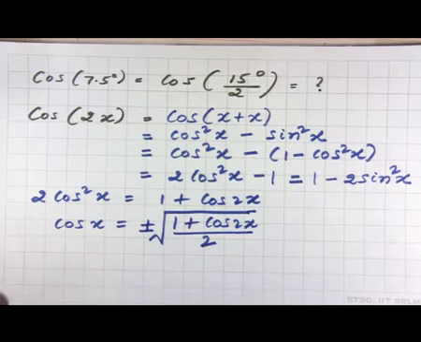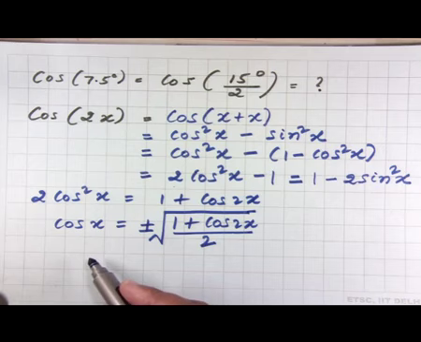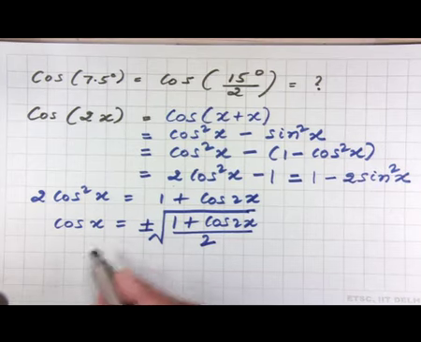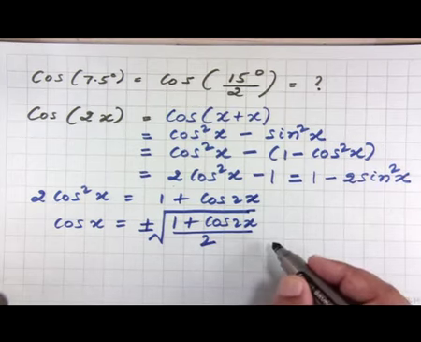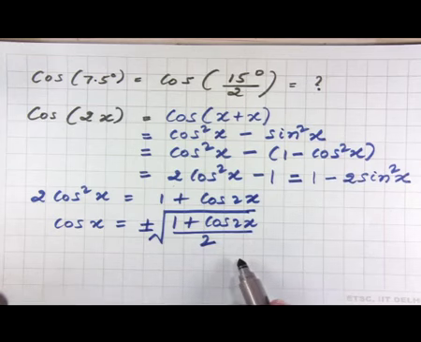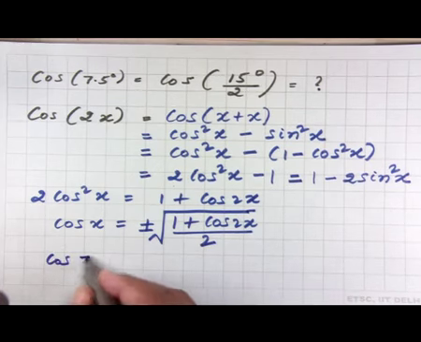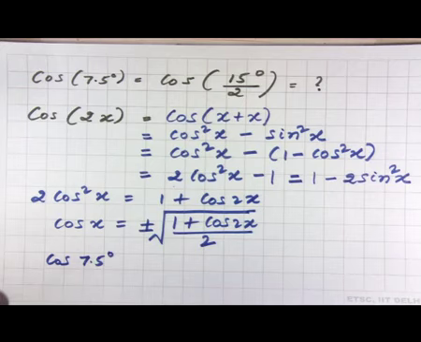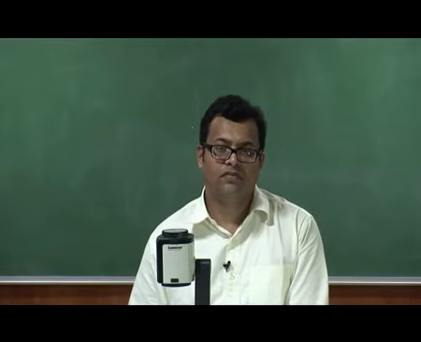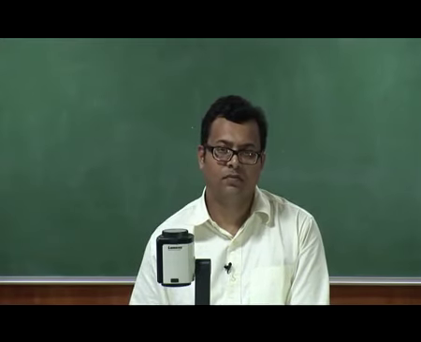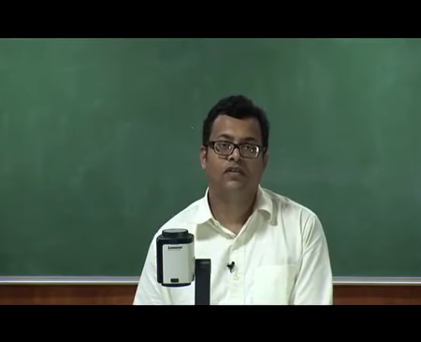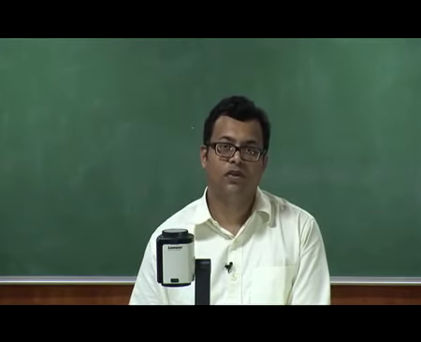Now, let us try and compute the value of cos of x for x equal to 7.5. So, we put x equal to 7.5 in this equation here. But we know that cos of 7.5 degrees is a positive real number, and therefore, we are going to only take the positive square root.